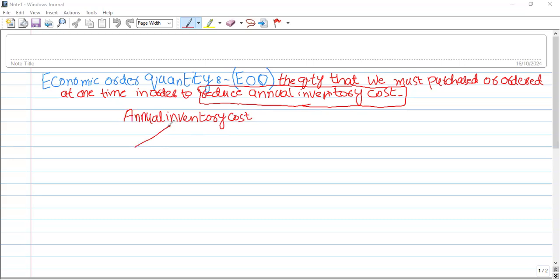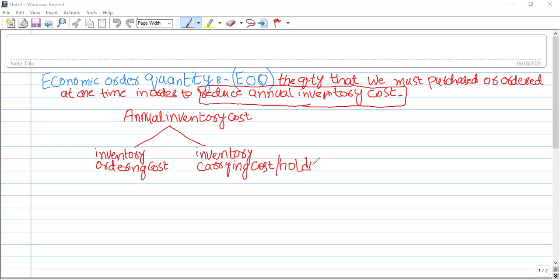Annual inventory cost includes two costs, that is inventory ordering cost and inventory carrying cost, which is also known as holding cost.